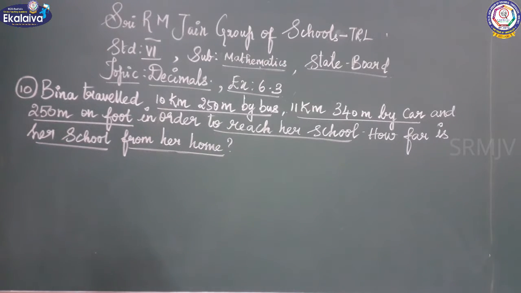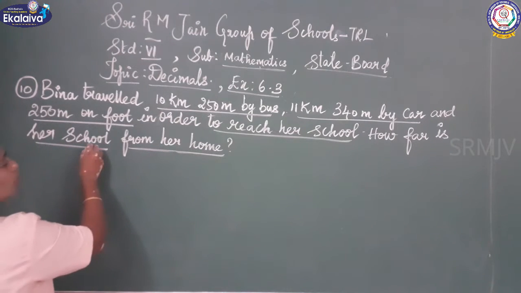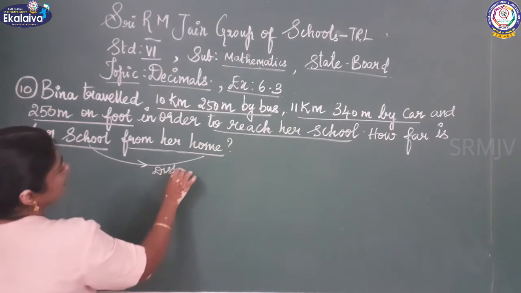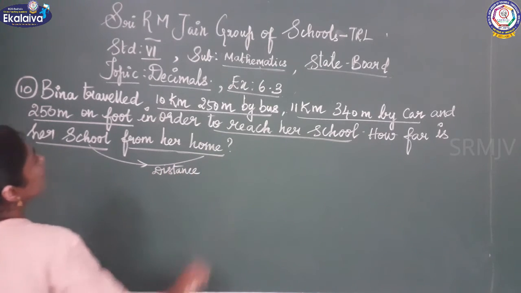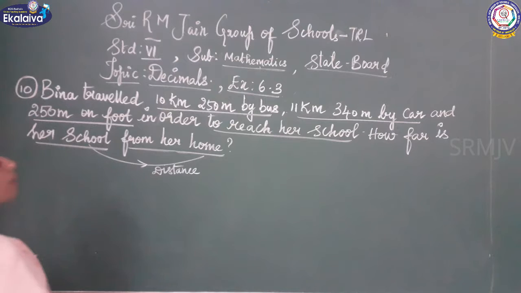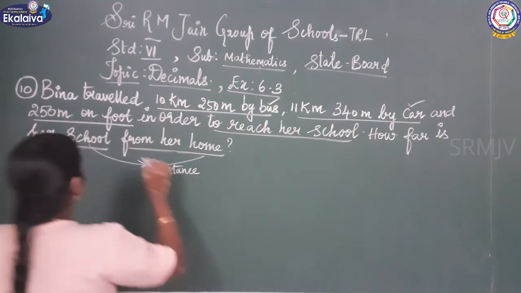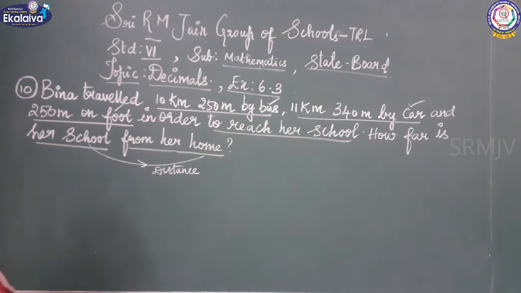So I am going to calculate here distance from the school to home. Distance I am going to calculate. Can you clear this, children? So I am going to add the bus, car as well as the foot. Can you understand this? Okay.